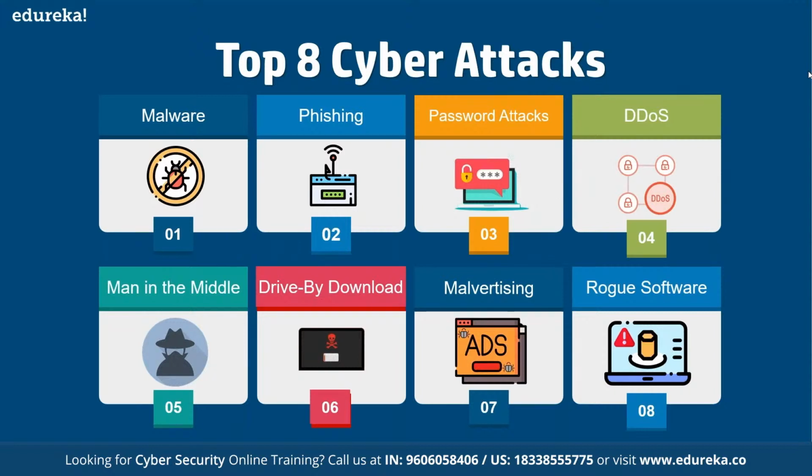And then we have man in the middle. So when the data is being sent from one point to the other, the attackers can simply get access to the file and manipulate the file in between. That is what we refer to as a man in the middle attack.